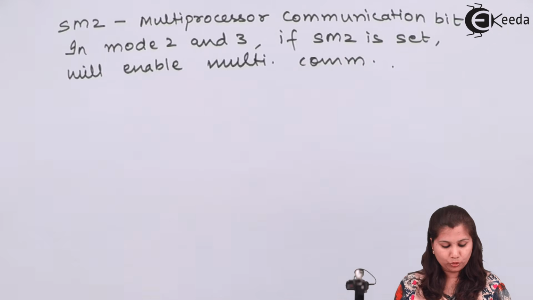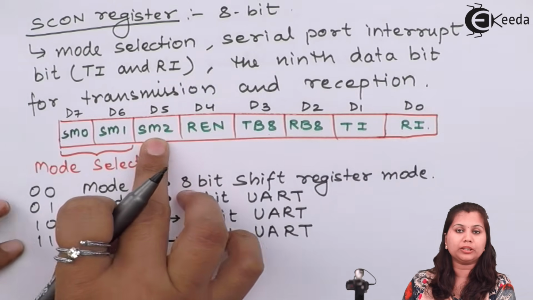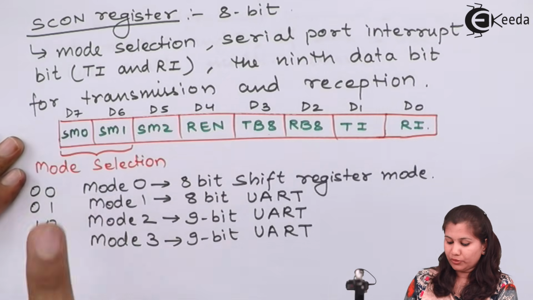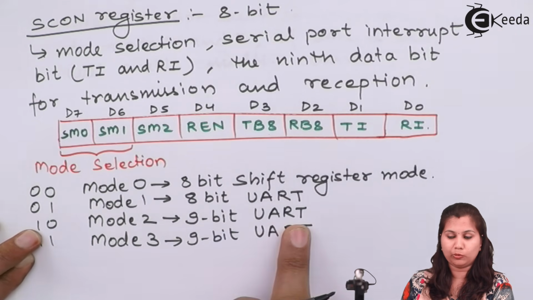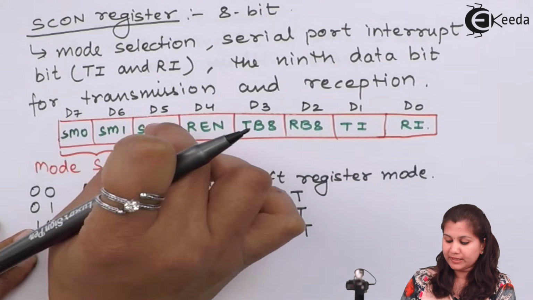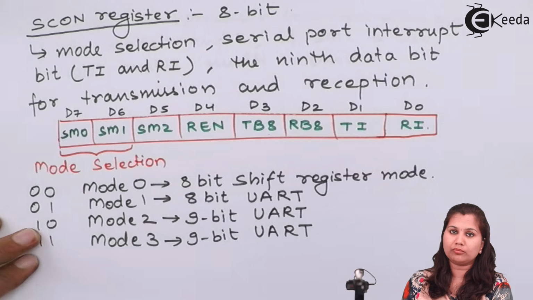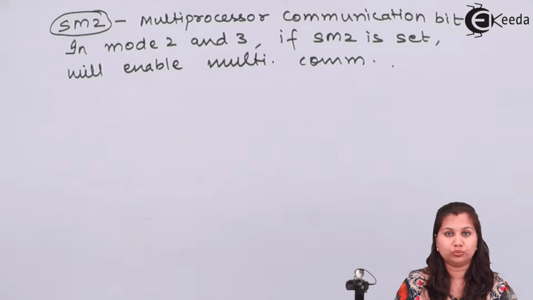This SM2 bit in the SCON register is used for the multiprocessor communication when the serial port is in mode 2, that is the 9-bit UART mode. In this mode, if SM2 is set, it is going to enable the multiprocessor communication mode. So this is the use of SM2.